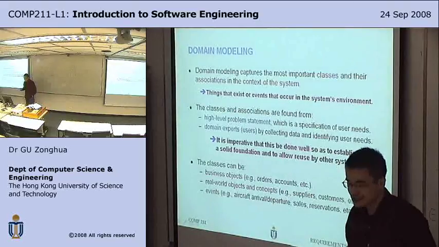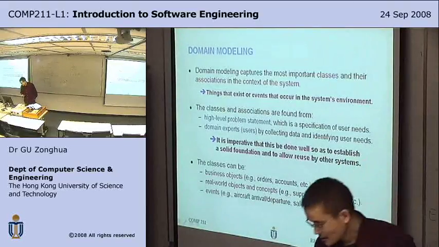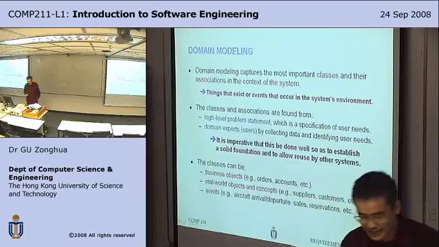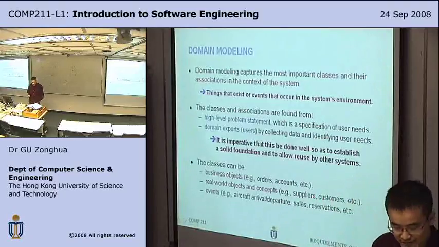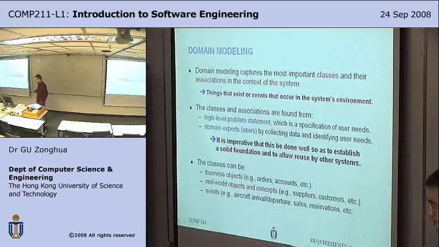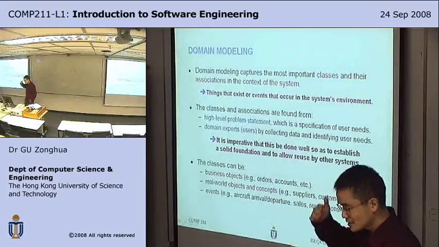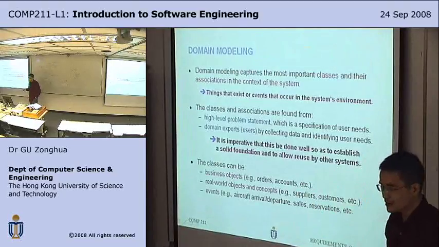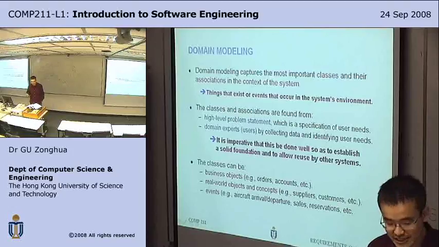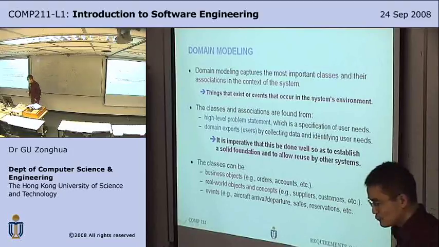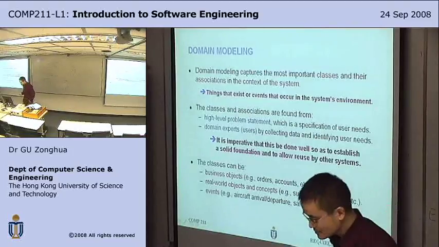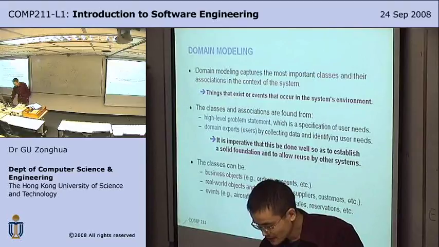Suppliers, customers, students, professors, or events, that is, aircraft arrival and departure events for an airport control system, or sales. So one sale is one event. It happens on a particular day with a particular amount. Reservations, etc. So all of them can be classes.